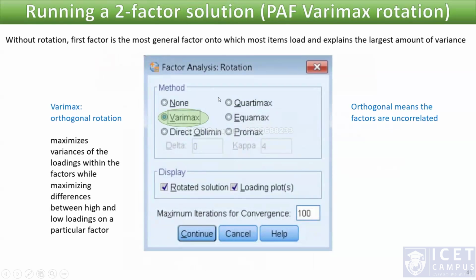Correct. Without rotation, the first factor is the most general factor onto which most items load and explains the largest amount of variance. Orthogonal rotation maximizes the variance of the loadings within the factor while maximizing the difference between the high and low loadings of the particular factor.